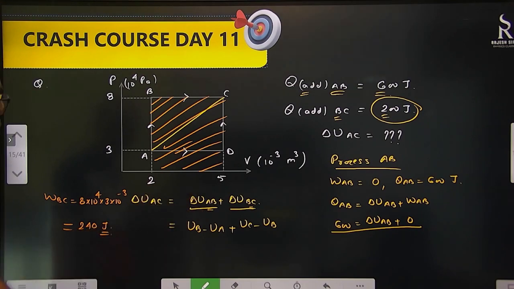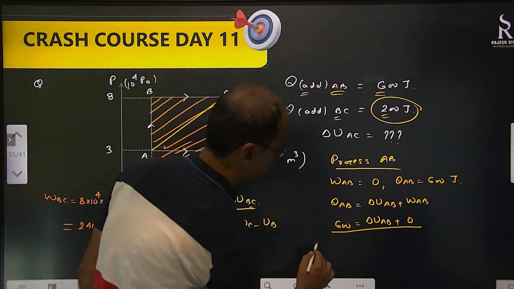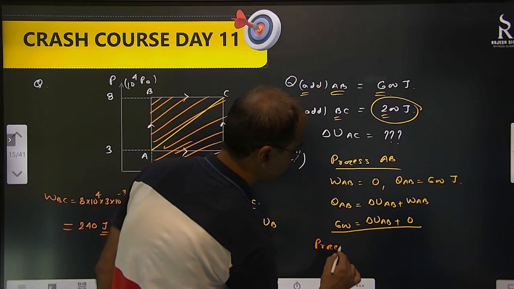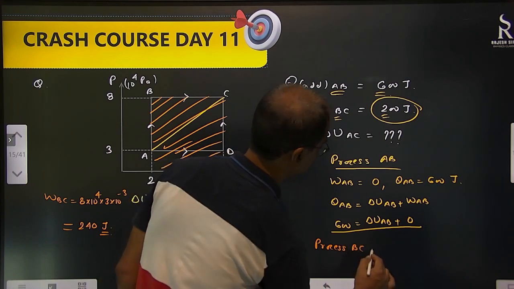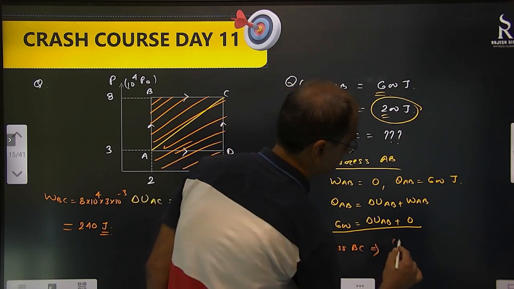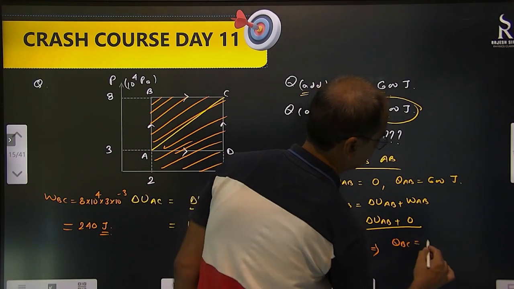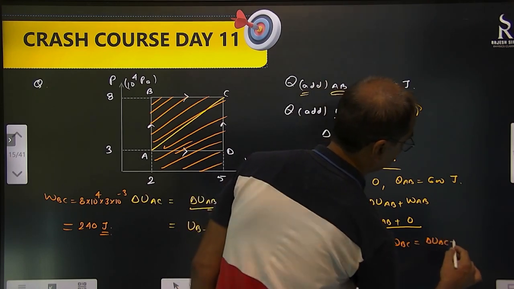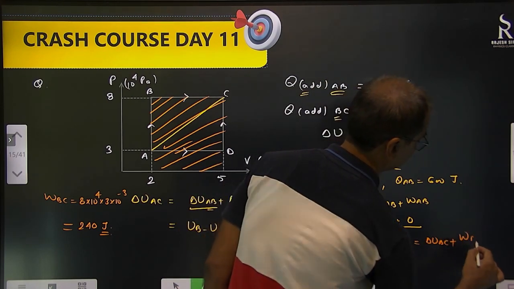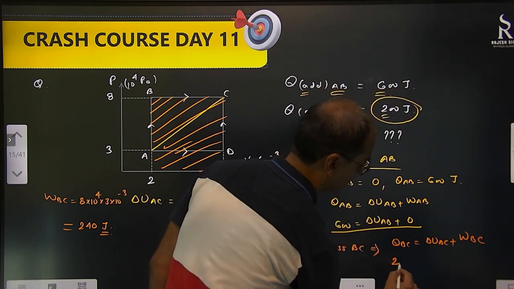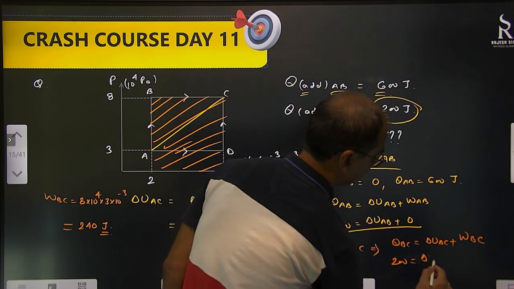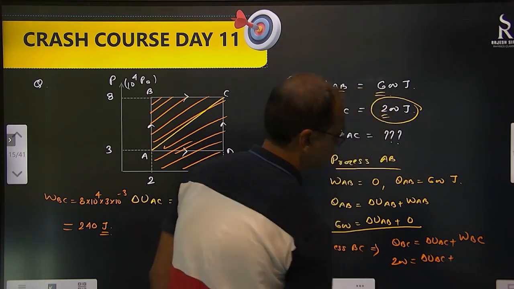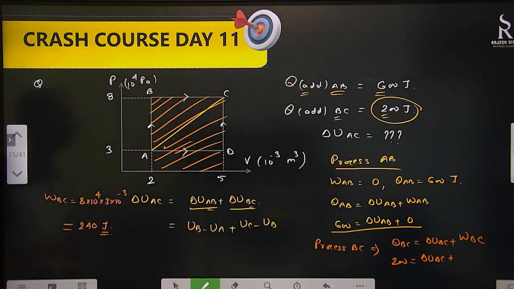So let's talk about process BC now. QBC equals delta UBC plus WBC. QBC is 200, given. Delta UBC we are calculating, and WBC you got already, that is 240.